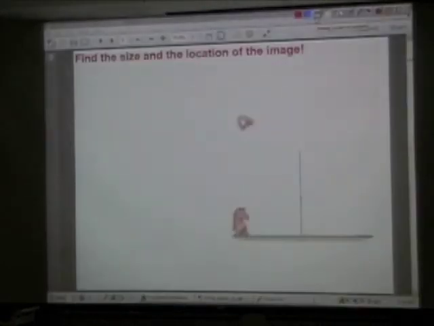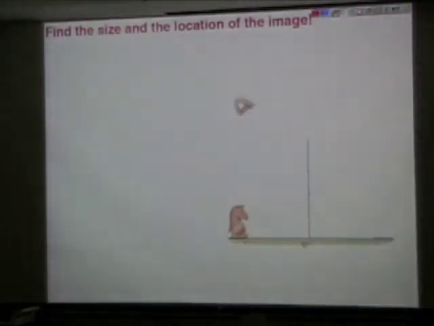So, for this example, this object, as any other object, has a lot of points. Well, of course, there's the sun.